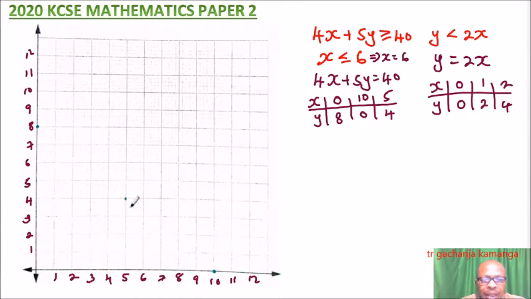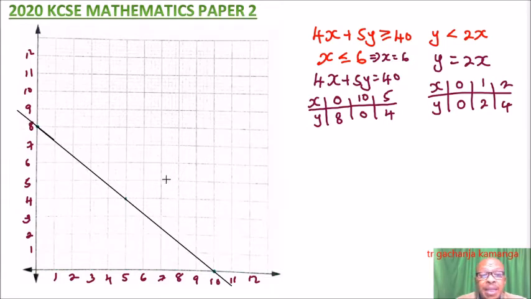Because the sign is greater than or equal to, we use a straight line to represent that. That is the line that we use to represent that information.